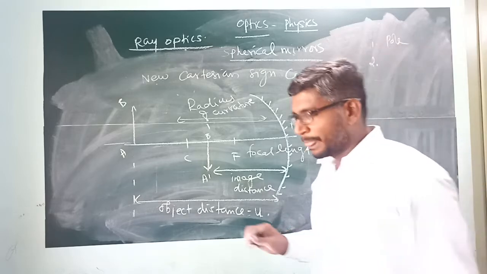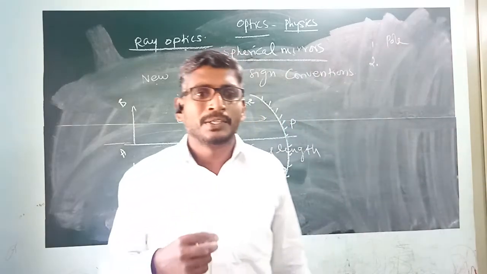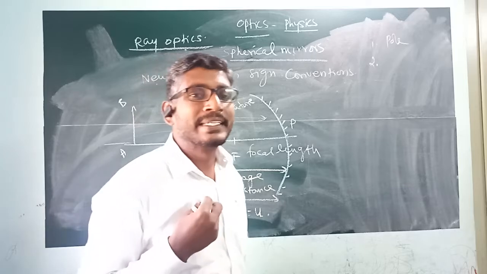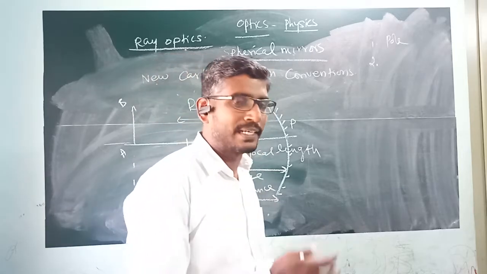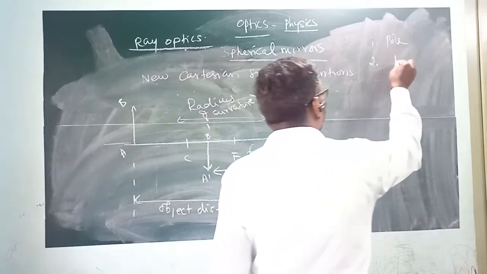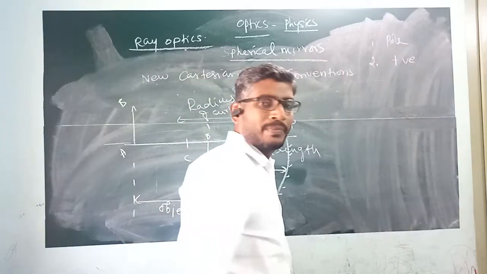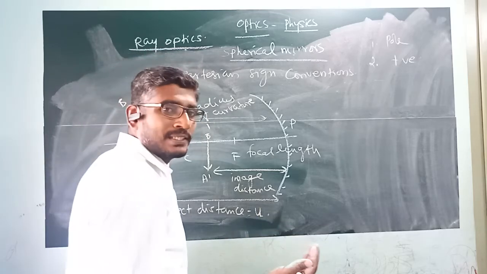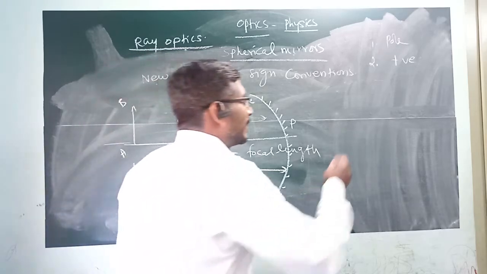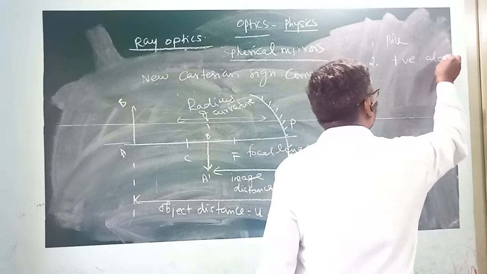Second point, if you measure the distance along the incident ray, then take the distance as positive.